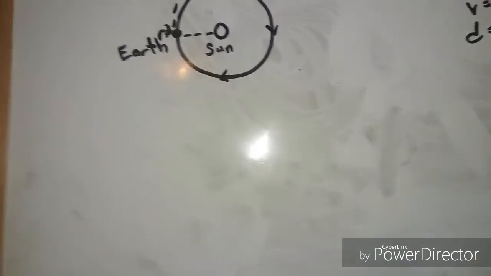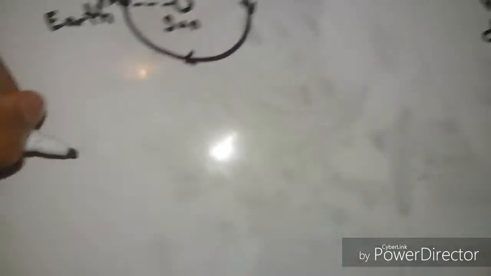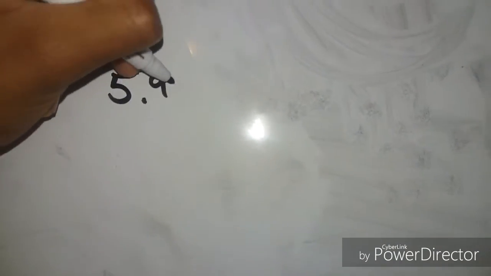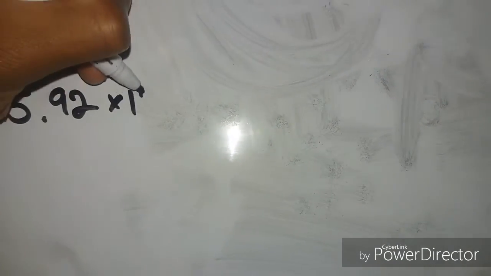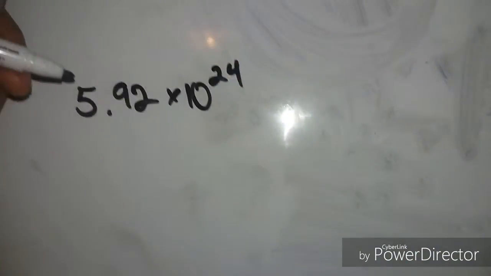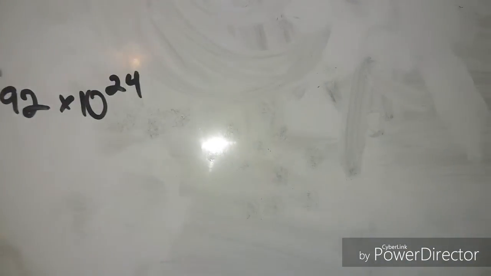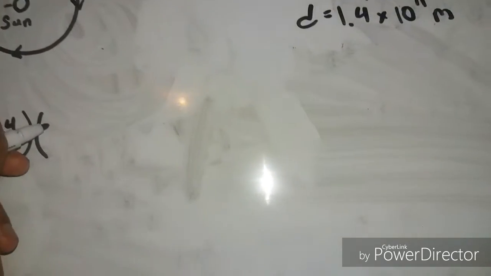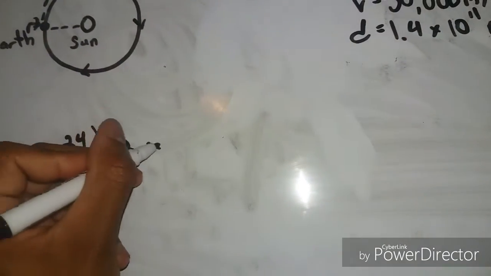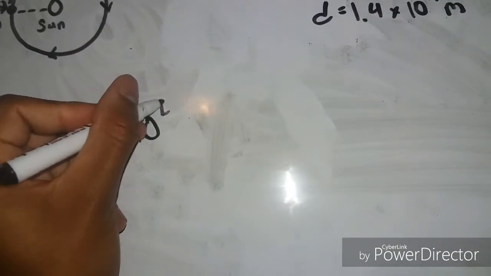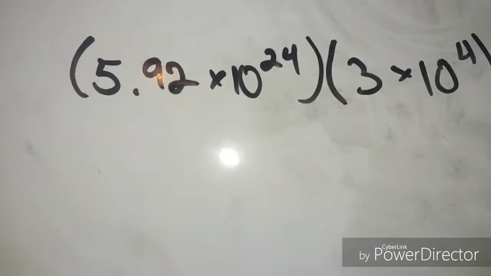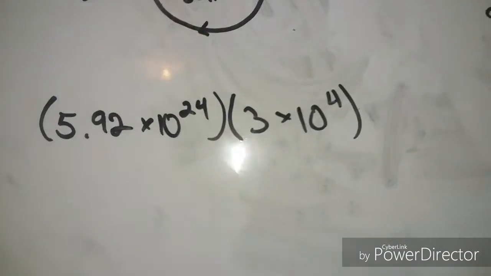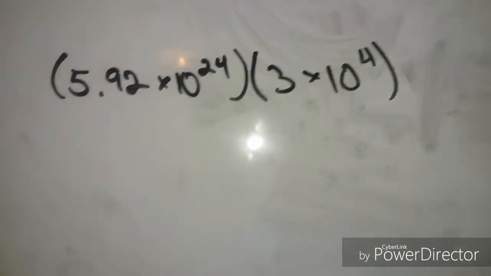So first, let's find its linear momentum. So we're going to take the mass, 5.92 times 10 to the 24, and multiply it by its velocity, which is 3 times 10 to the 4th. All right, so 5.92 is pretty close to 6, so I'm going to act like it is 6, and I'm just going to round.